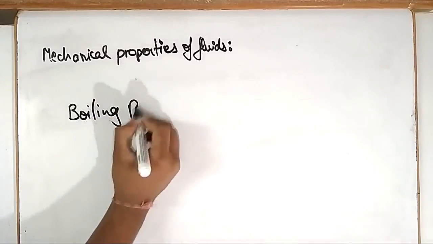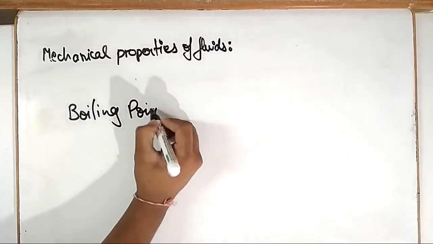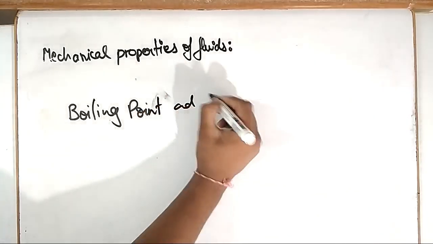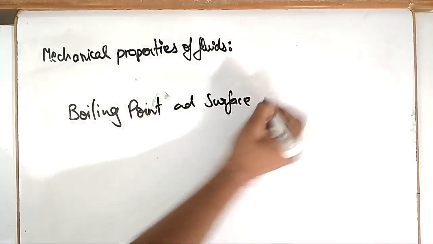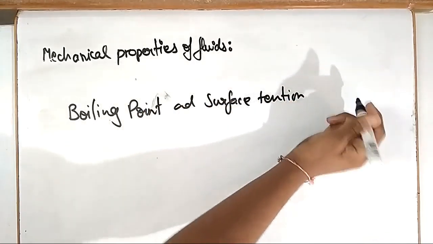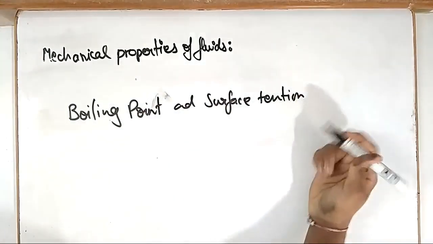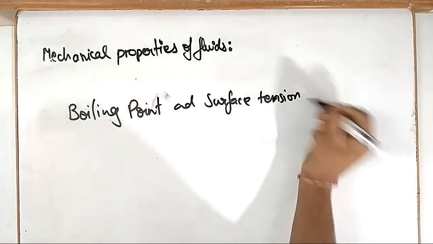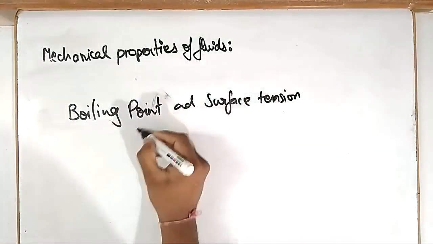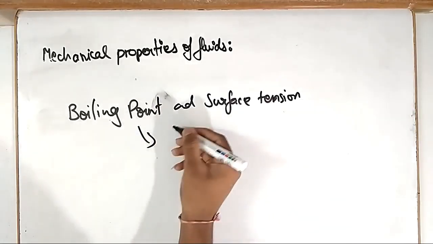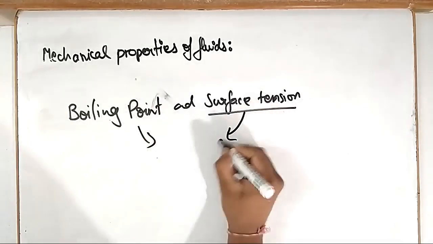And now one more thing to remember: the relation between boiling point and surface tension. The boiling point of a liquid is that temperature at which the surface tension becomes 0.